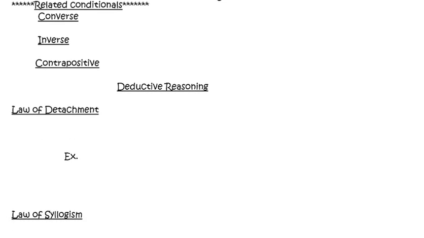The converse of our conditional is to reverse the original conditional. The way I would always remember this is like the converse shoe, that you can do a backflip in your converse shoes.